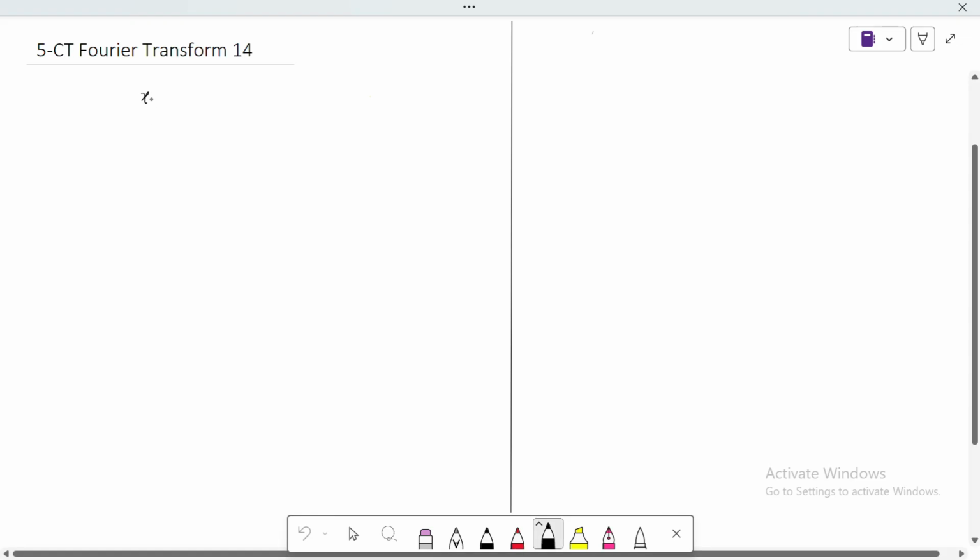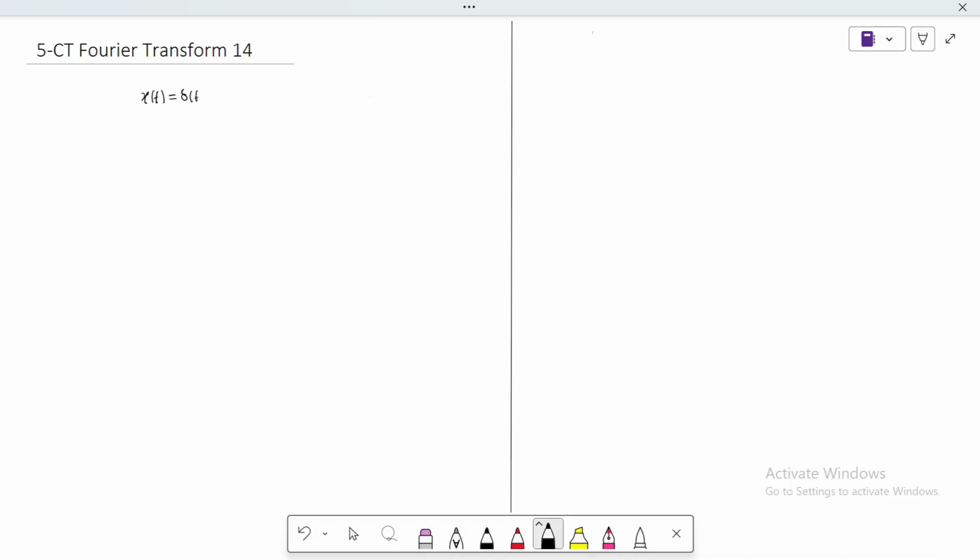So, for example, x of t equal to del of t, its Fourier transform is 1, that is x of j omega equal to 1. Then, what is the Fourier transform of the 1? This is the continuous time Fourier transform.